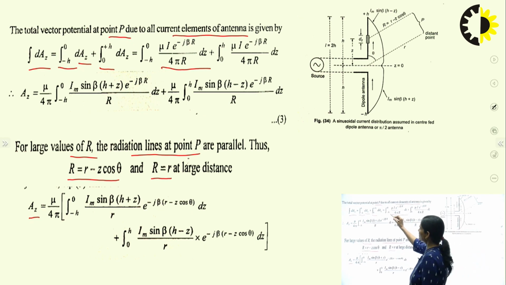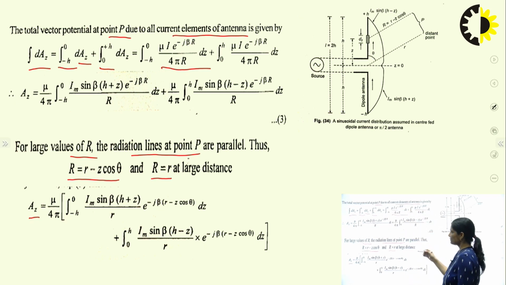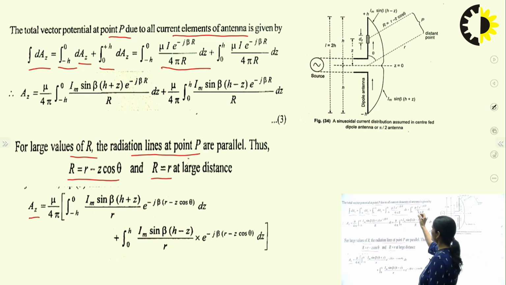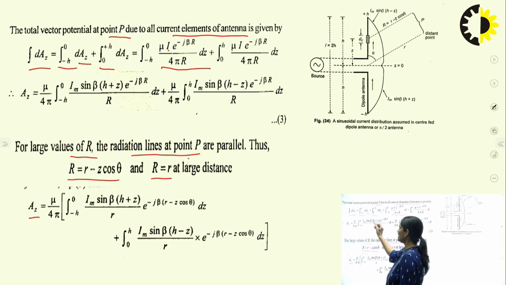So when you are putting the value of Az here, and you are putting the limits minus H to 0 and 0 to H, you will get this equation, meaning you will get the value of A is equal to what? Mu I e to the power minus j beta r upon 4 pi r. So here put the value of I. I is equal to what? I m sin beta (H plus Z) when you are considering the limit minus H to 0.